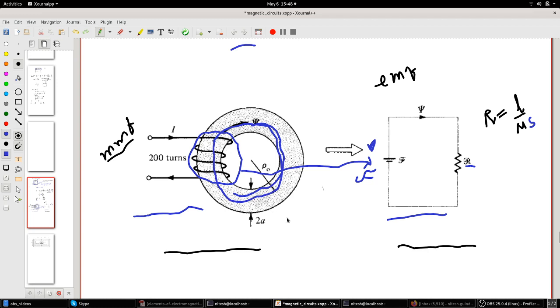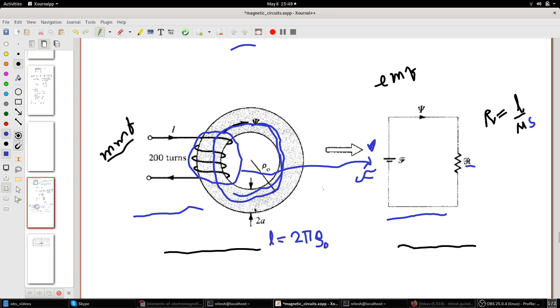So L will be given by 2 pi into rho 0, the circumference of the mean circle. That will be your mean length.